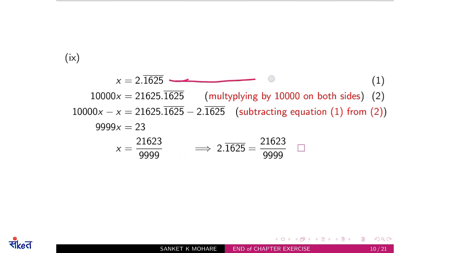Now we assume this as equation 1 and this as equation 2. Subtracting 1 from 2, 10,000x minus x is 9,999x, and this subtraction gives 21,623. So therefore x equal to 21,623 upon 9,999.